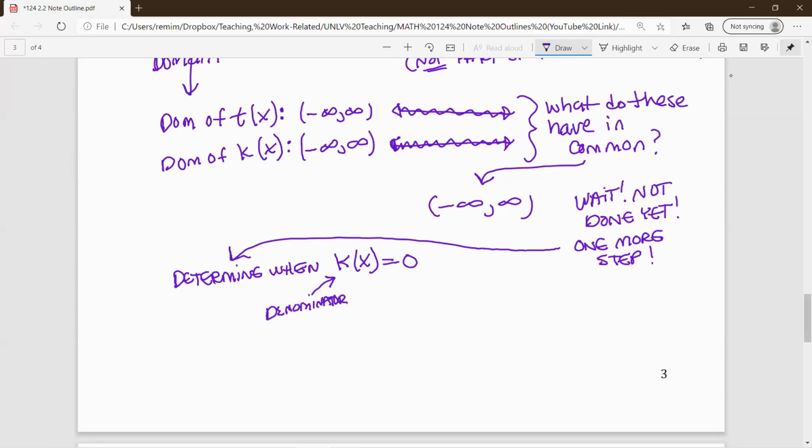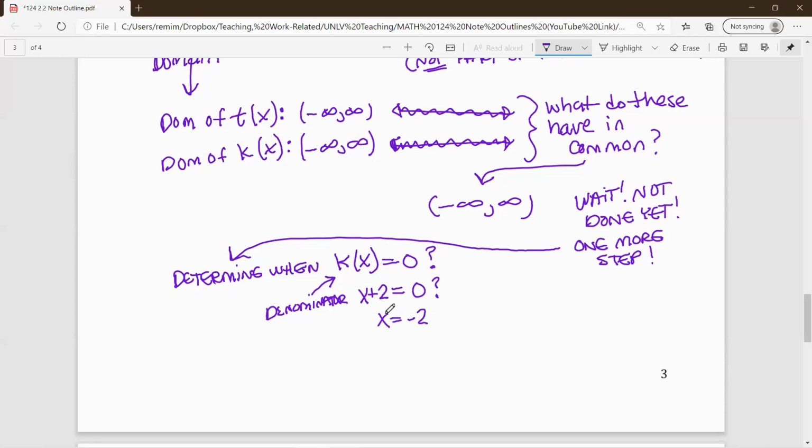And what is k of x? If you look back, k of x was equal to x plus 2. So we want to know, when does x plus 2 equal 0? Well, we subtract the 2 and we get that when x equals negative 2, that's when our denominator will be 0, and that would be a bad thing.